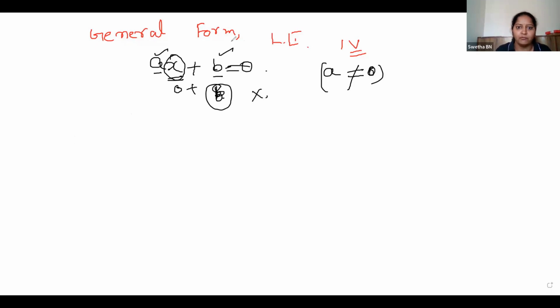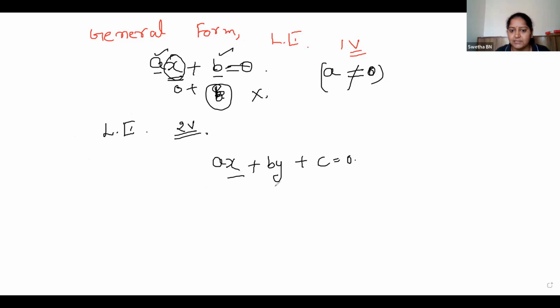And what is the general form of a linear equation in two variables? Okay, write ax plus by plus c is equal to 0. Which are the variables here? X and y are the variables, right?